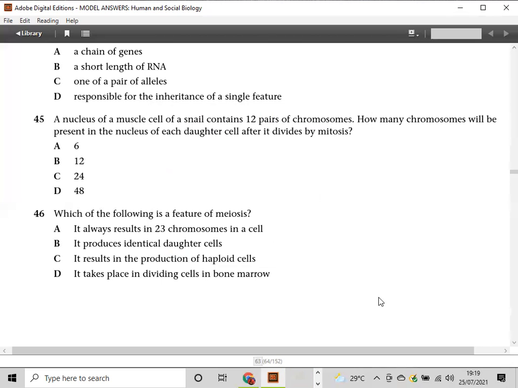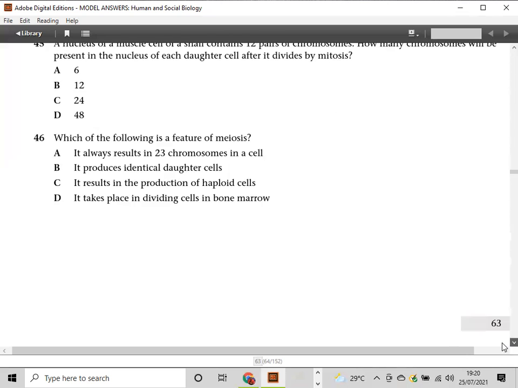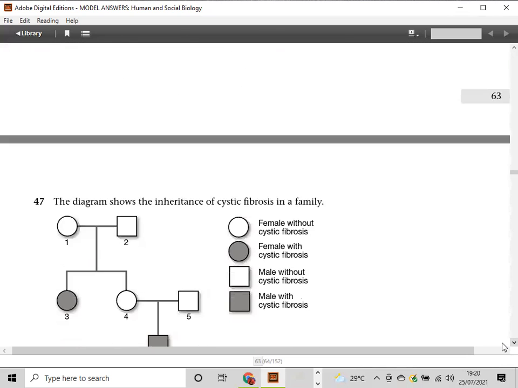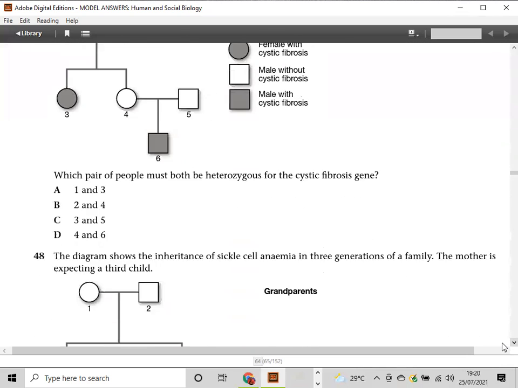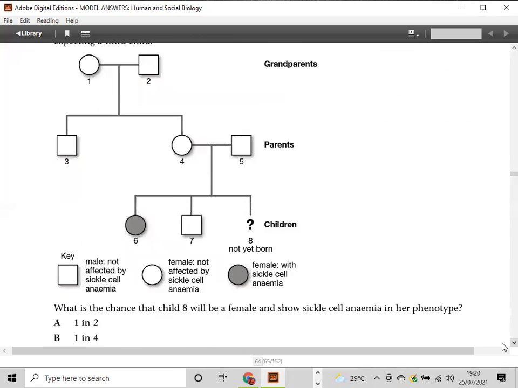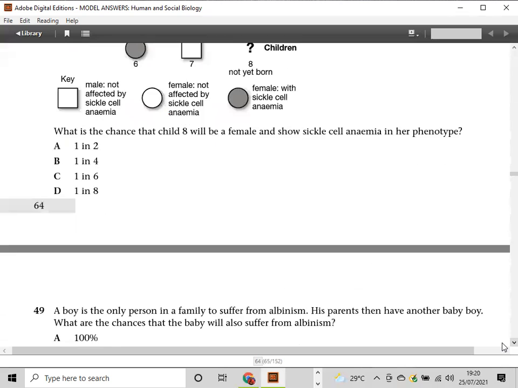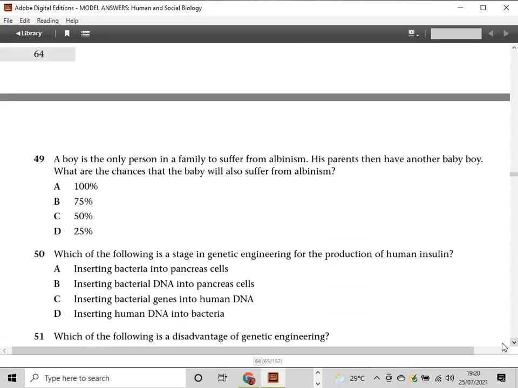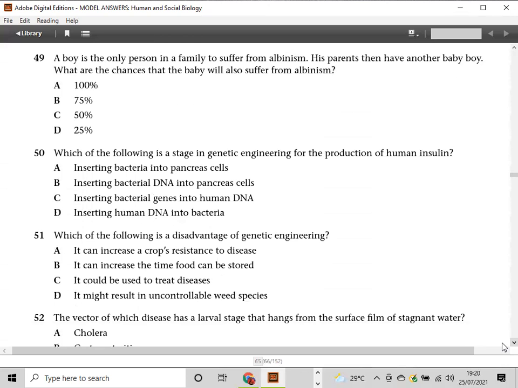Okay, forget numbers. Alright, guys. It's 49, 50, 51.